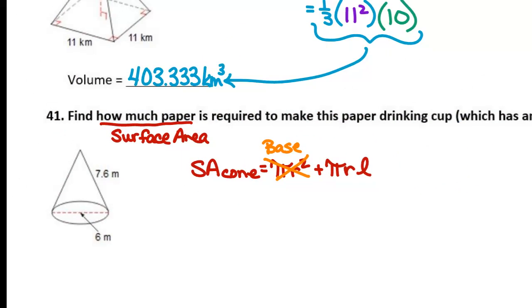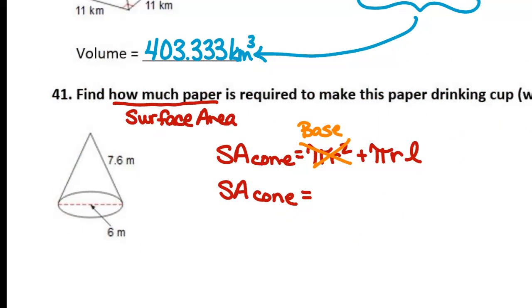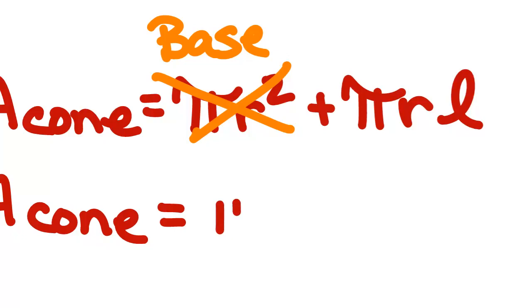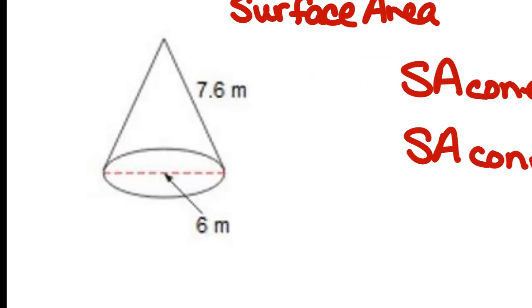Surface area of the cone is equal to pi r squared plus pi r and then cursive L. We're crossing out the base because it said it has an open circular top. So there is no base. So pi times, how big is the radius of this cone? 3.